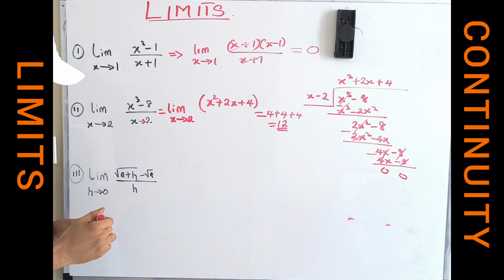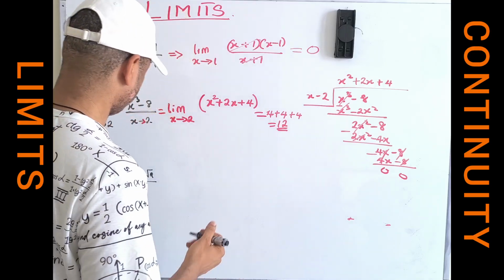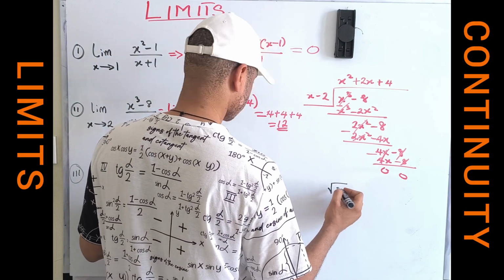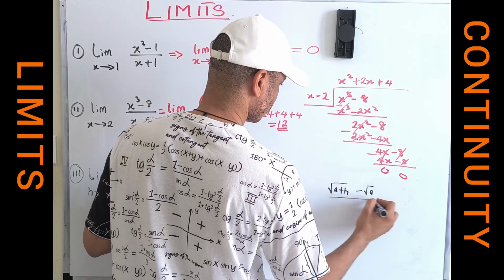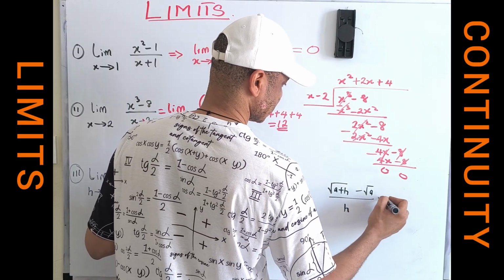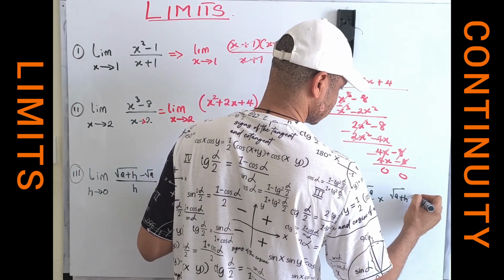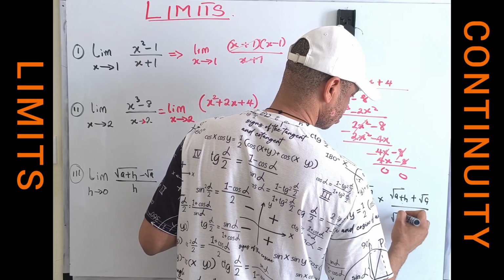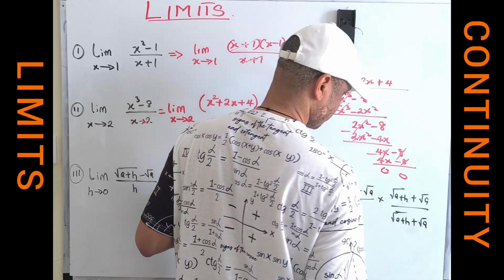Now for this, what do we do? I cannot substitute 0. So I will rationalize. What I will do is multiply the square root of a plus h minus square root of a over h by square root of a plus h plus square root of a over square root of a plus h plus square root of a.